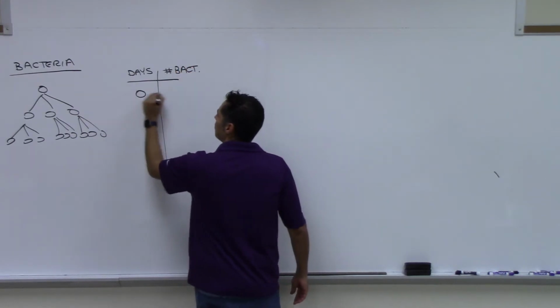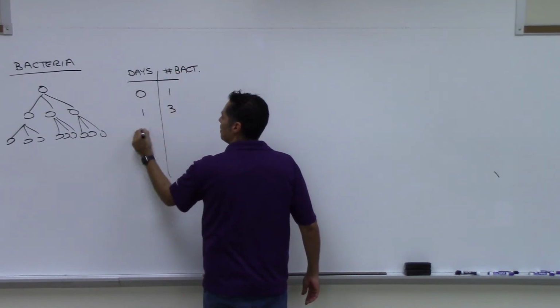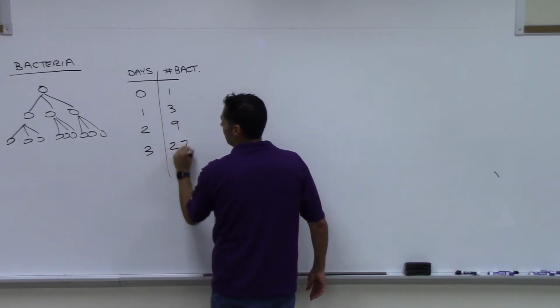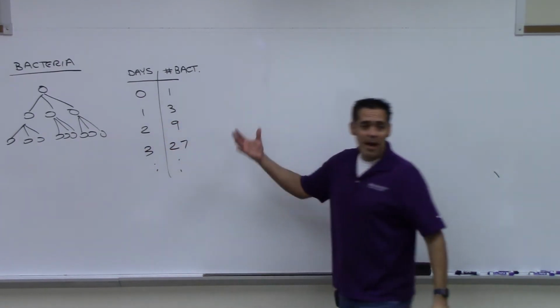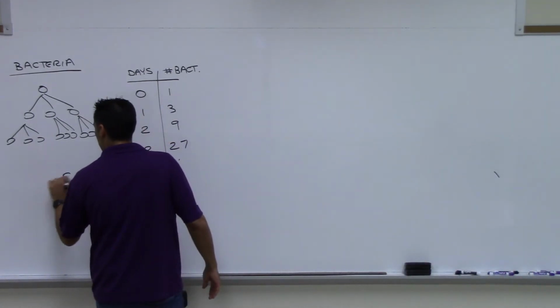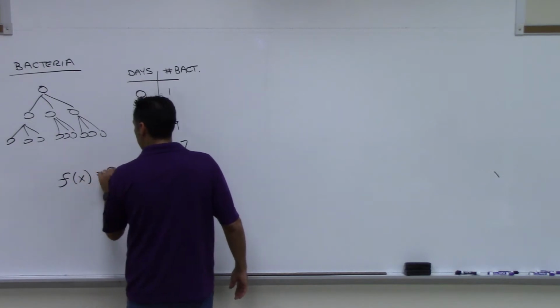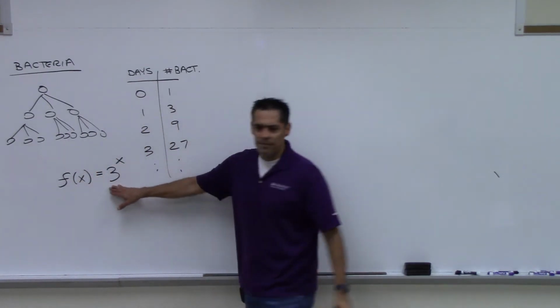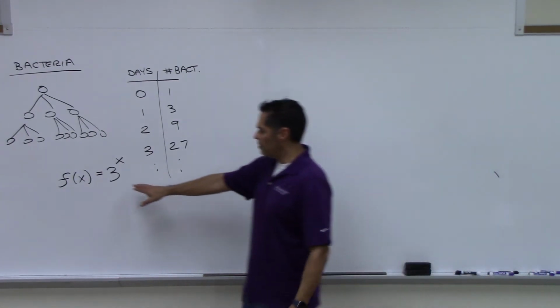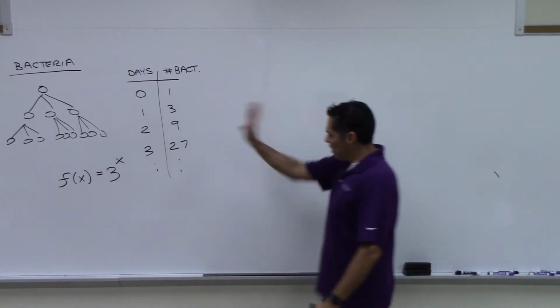At day 0 there was 1, at day 1 there was 3, at day 2 there was 9, at day 3 there's 27. Then we continued that pattern and we came up with a function, 3 raised to the x. That was the first time we had seen what we call an exponential function. So we talked about that.